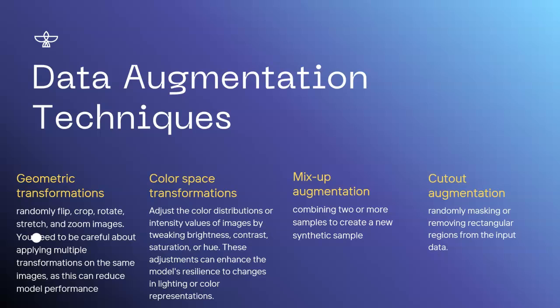In the color spaces, adjusting the intensity of the images and the pixel values, like brightness, contrast, saturation, hue, and adding different colors. Mix-up is combining any two augmentation techniques, and cutout augmentation is random masking of regions from the input images.